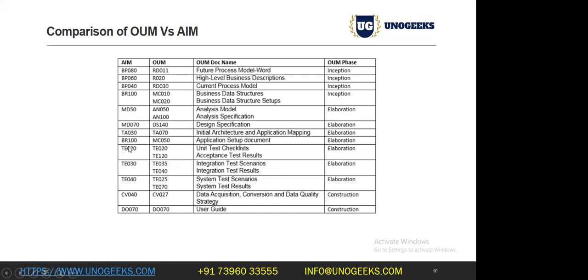End of the day, both are the same. TE20 is test configuration, TE40 is system integration testing. These are the different naming conventions used in OUM and AIM. The process remains the same, guys. Don't get confused; only the naming convention and the document names are a bit different.